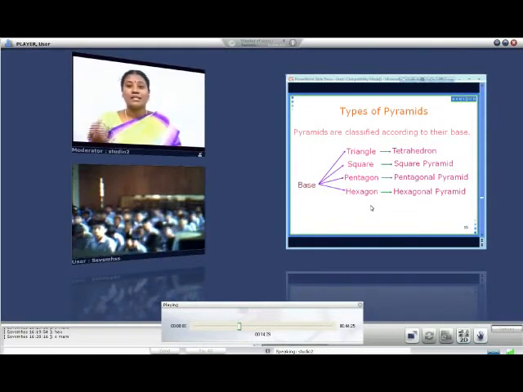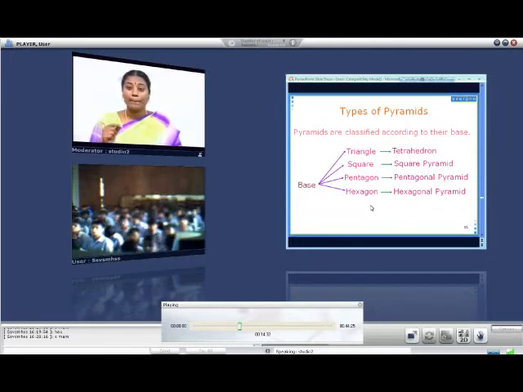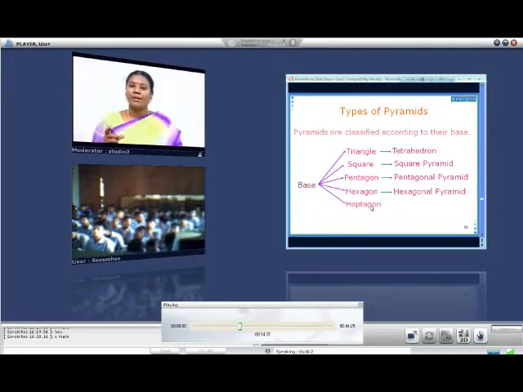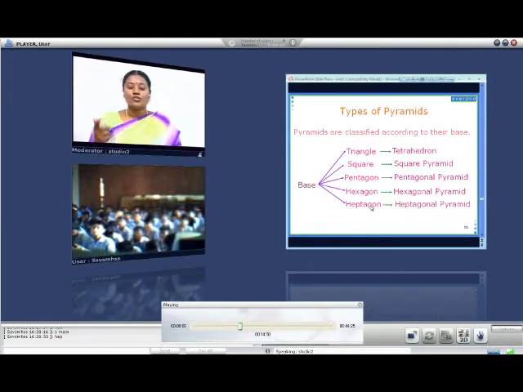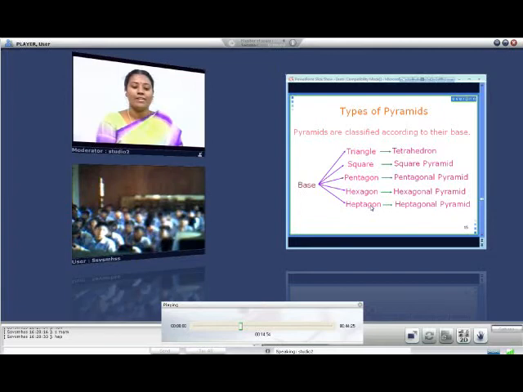Okay, so next comes the seven-sided polygon, which you call a heptagon. If the base of the pyramid is a heptagon, then you call it a heptagonal pyramid. It is a heptagonal pyramid. Next comes the octagon, which is an 8-sided polygon.